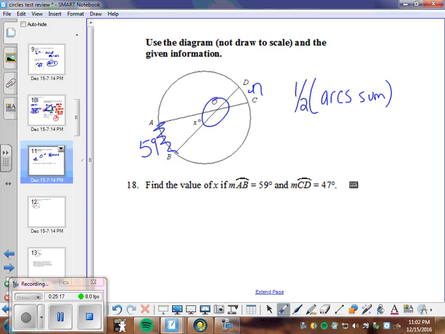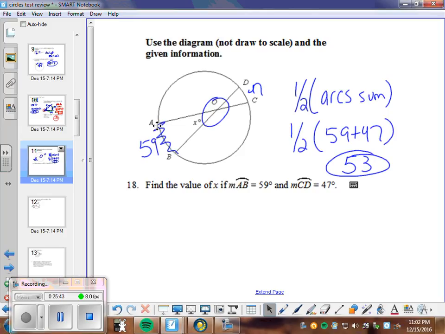So half of 59 plus 47, divided by 2, is 53.